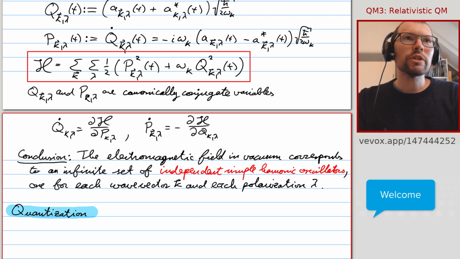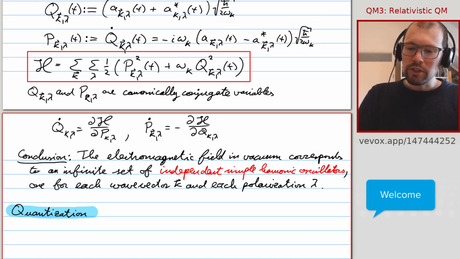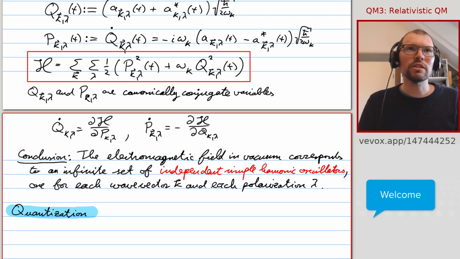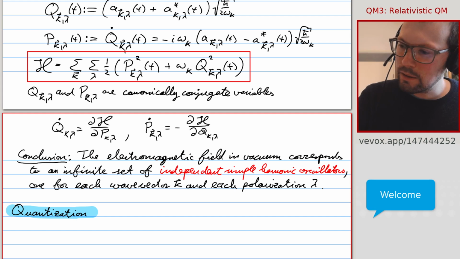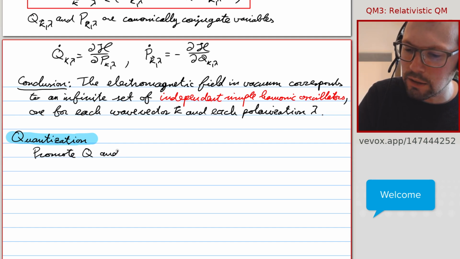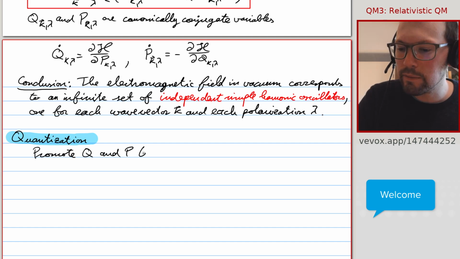So as I said, we're gonna now quantize, which should be relatively straightforward since we know that we're dealing with simple harmonic oscillators. So what was the quantum mechanics one way of going to the quantization there? Well, we simply put hats on stuff. So let's do the same here. So we're going to promote these Q's and P's to operators.